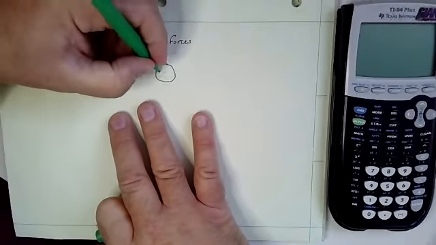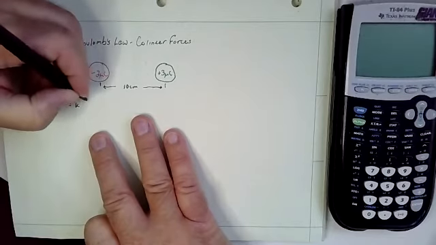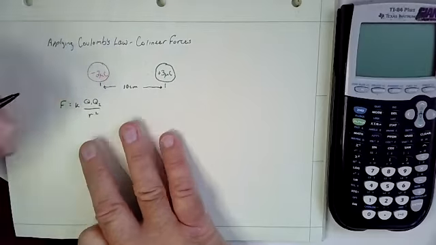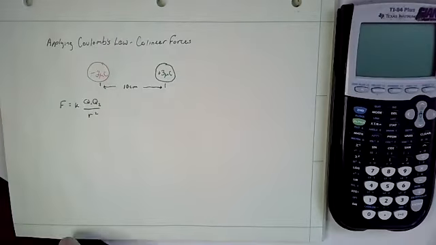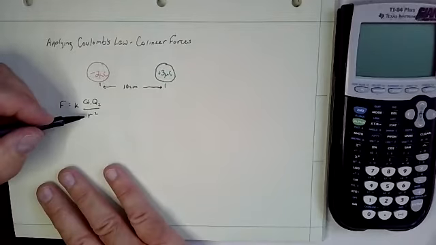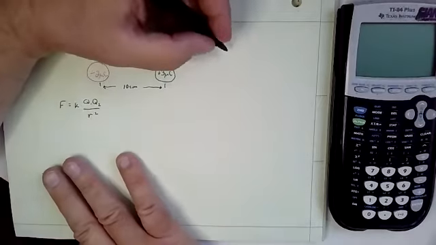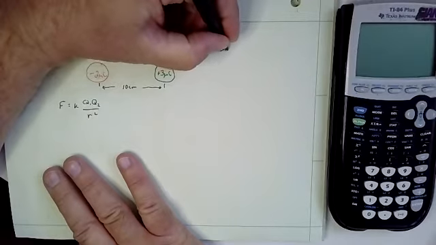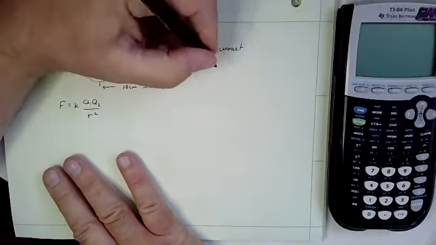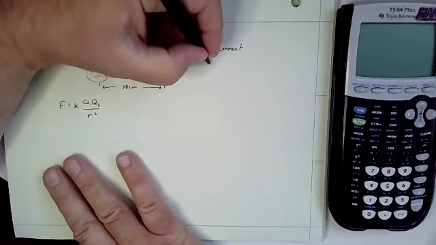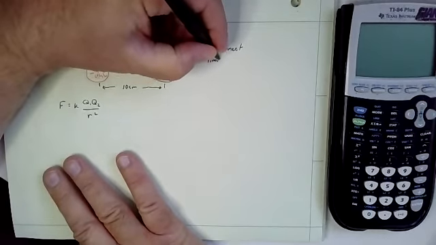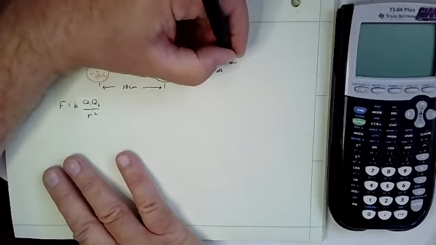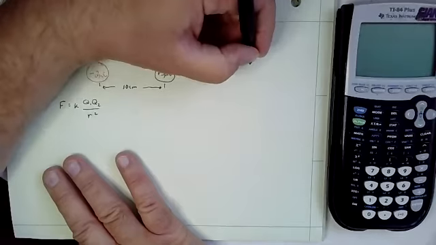Okay, Coulomb's law looks like this: K Q1 Q2 over R squared. A really interesting property of inverse square laws, just to make a little calculus connection: why inverse square law? Well, if we look at the limit as R goes to infinity of 1 over R, it turns out that is undefined.